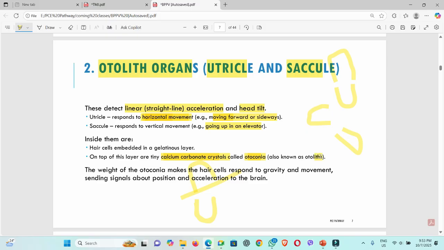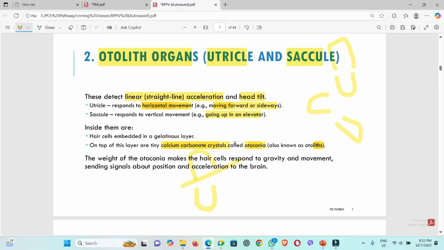Liths, stone, right? Like in cholelithiasis. Stone, calcium carbonate, right?